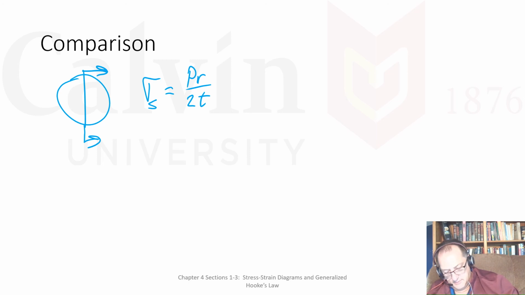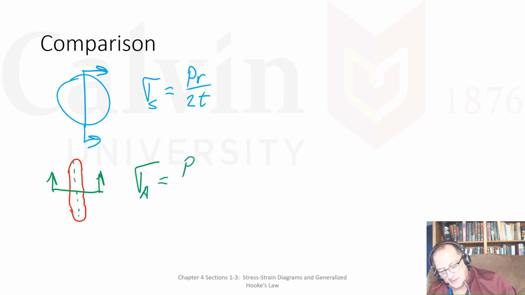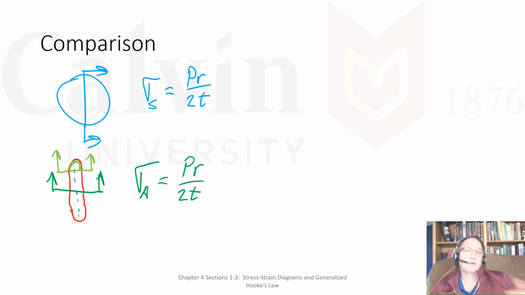And then I split this vertically, and I got my axial stress, because that's along the axis of the cylinder, that was equal to PR over 2T. And in some ways you can see that if I had put that split at that line, then I would have had a hemisphere. It would have been half a sphere. So I get the same thing.